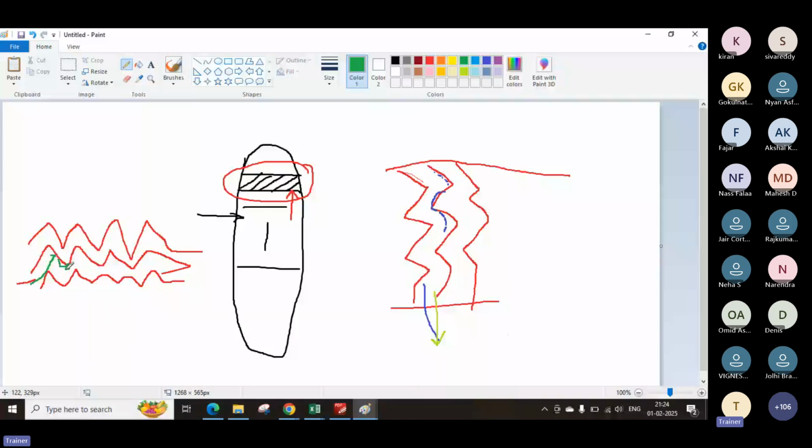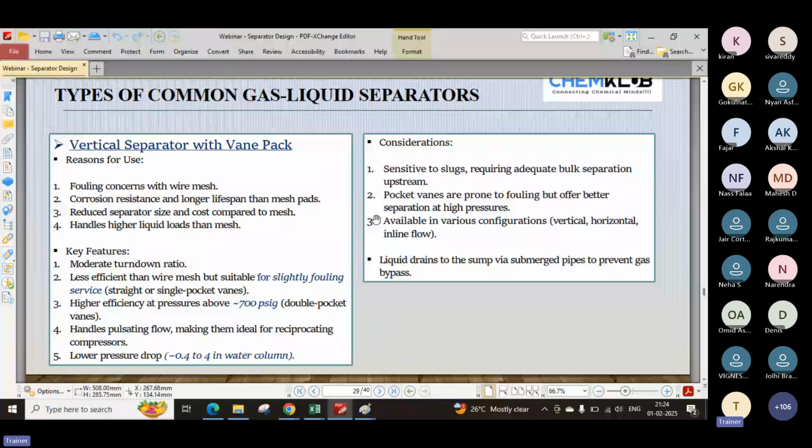So there is some channel kind of arrangement provided at the bottom part that will collect everything on one side, and then this will be separated in this zone. So this is called a vane pack. It covers its considerations as well as the reasons or advantages. The same is there in the GPSA equations.